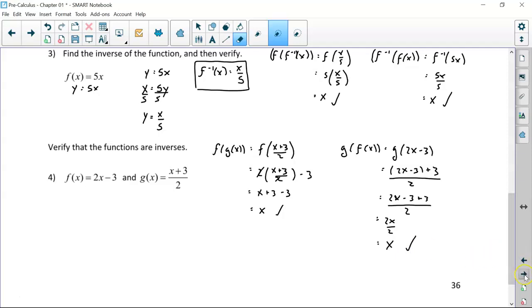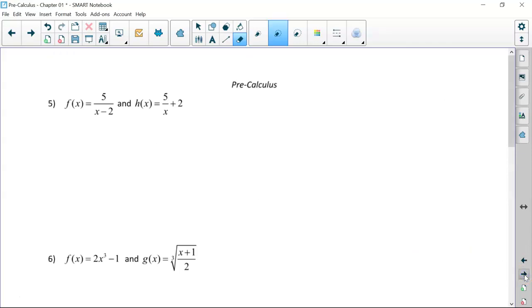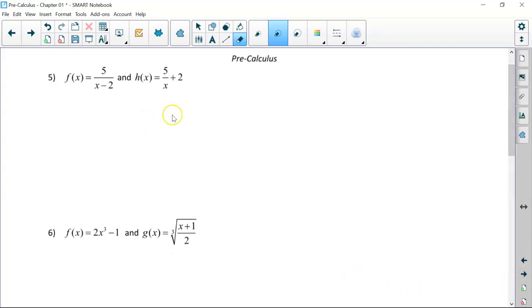Some more verification problems. So now for problem number 5, we're verifying that f and h are inverses, so we're going to find f of h of x first. So it's going to be f of 5 over x plus 2. So it's going to be 5 over x plus 2, and then we're subtracting 2 at the end.